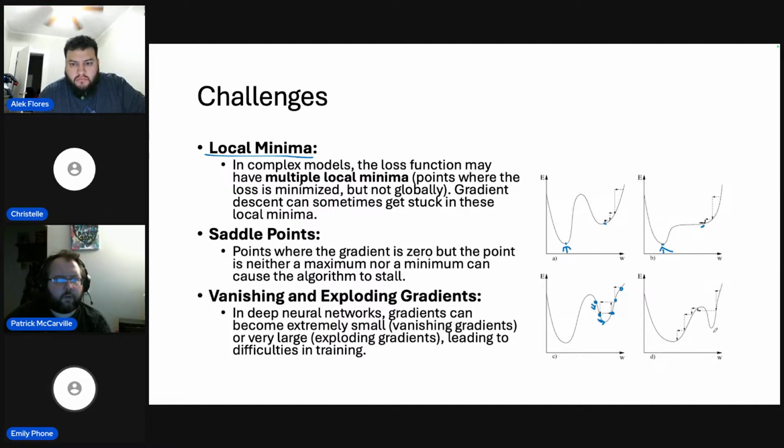The other one that can happen is jumping over. In this case your step size is too big. We should have taken smaller step sizes. In this case, we're also taking too big a step size.